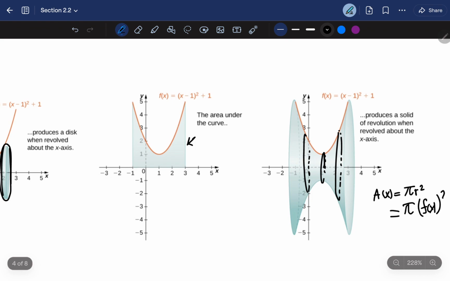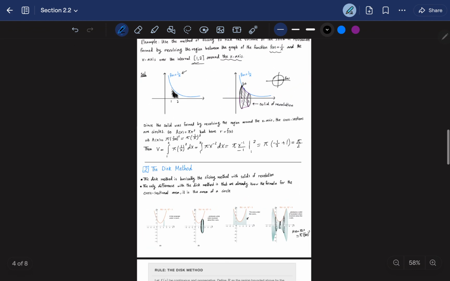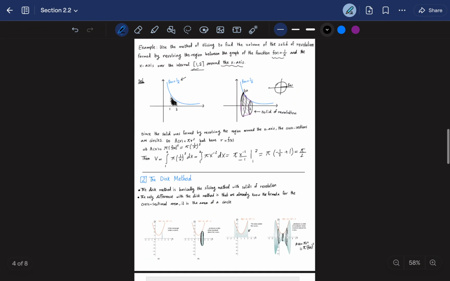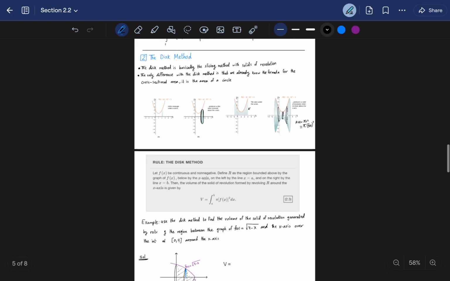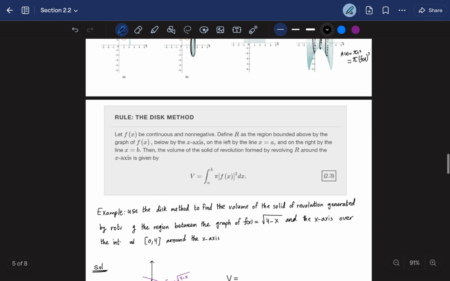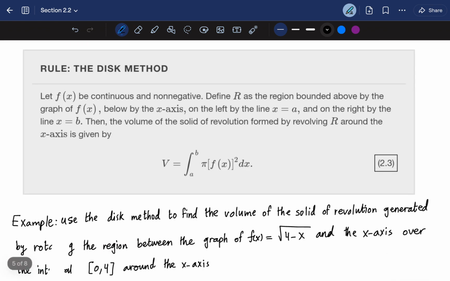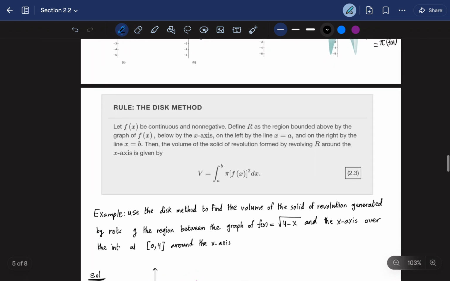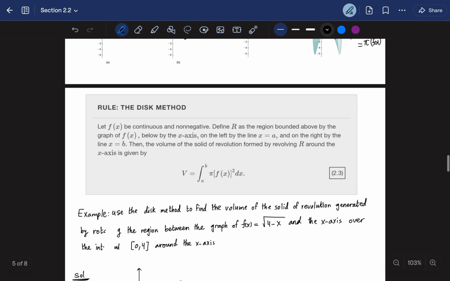So if we want to generalize a rule for the disk method, it's always having a function f that's continuous and non-negative, and we have a region R, which is always bounded above by your function f, and below by the x-axis, over an interval a to b.